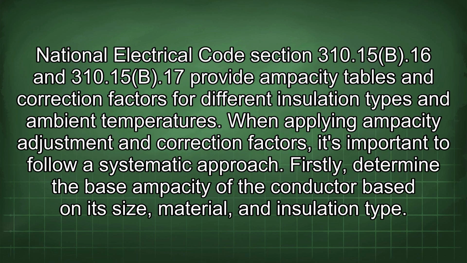National Electrical Code Sections 310.15(B)(16) and 310.15(B)(17) provide ampacity tables and correction factors for different insulation types and ambient temperatures. When applying ampacity adjustment and correction factors, it's important to follow a systematic approach. Firstly, determine the base ampacity of the conductor based on its size, material, and insulation type.